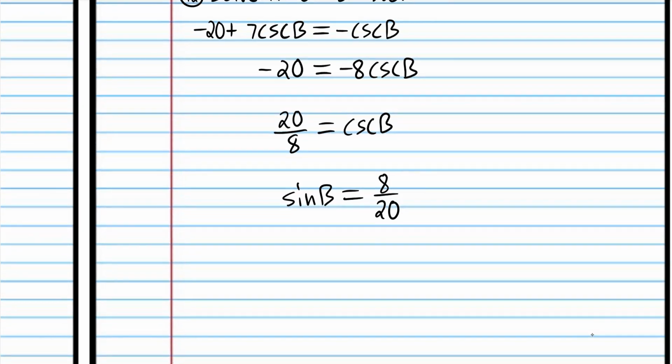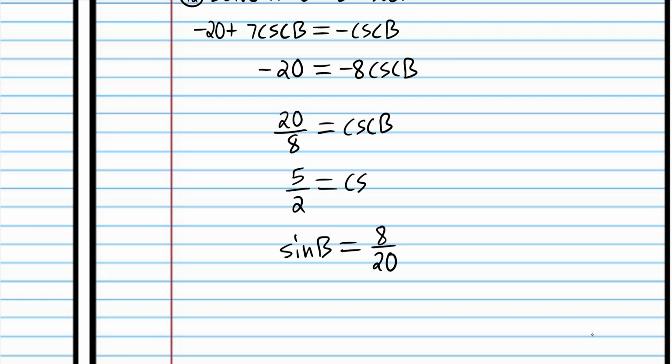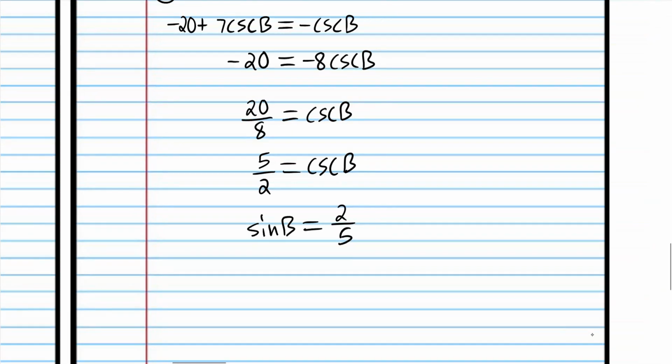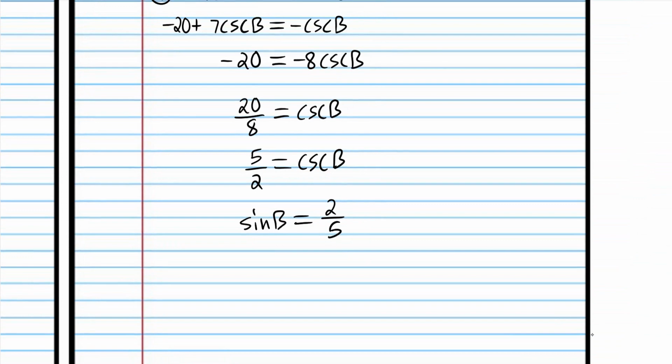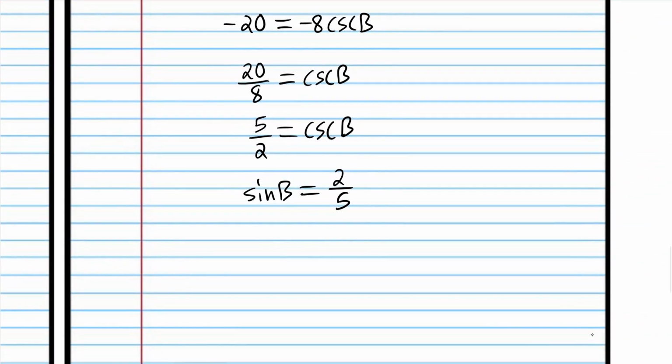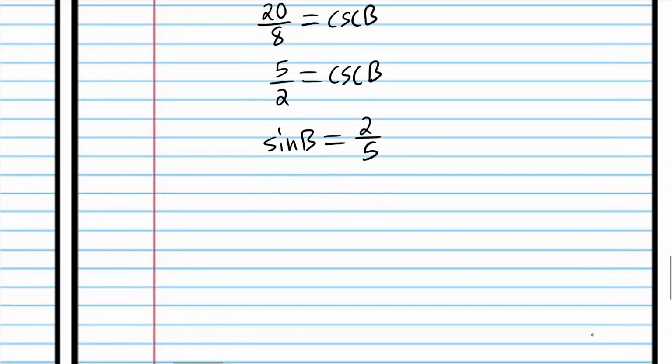Now before we do that, we probably should reduce. So that would be 10/4, which is 5/2. All right, so then that becomes 2/5. Okay, so now we can use our calculator.